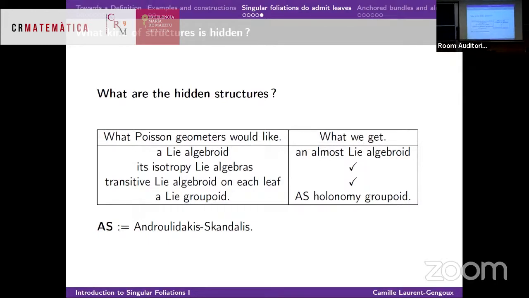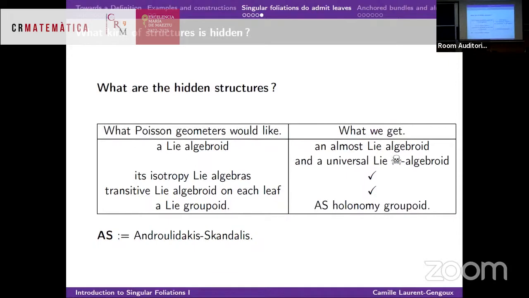Well, no, I hope I won't be like a stamp collector. People who are fascinated by stamps can speak for a long time about stamps without realizing that their audience just doesn't have any interest in stamps printed in Czechoslovakia in 1946. My equivalent of that is that, okay, there is mostly Lie algebroid, but there's also a universal Lie infinity algebroid.